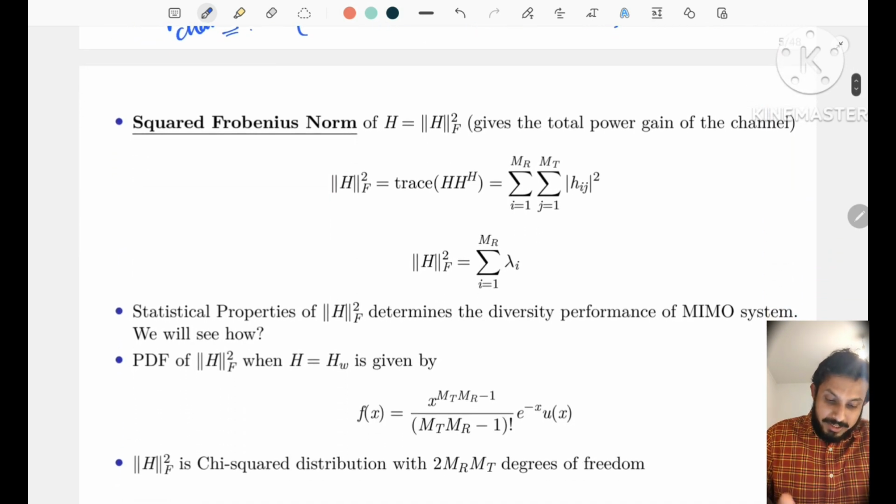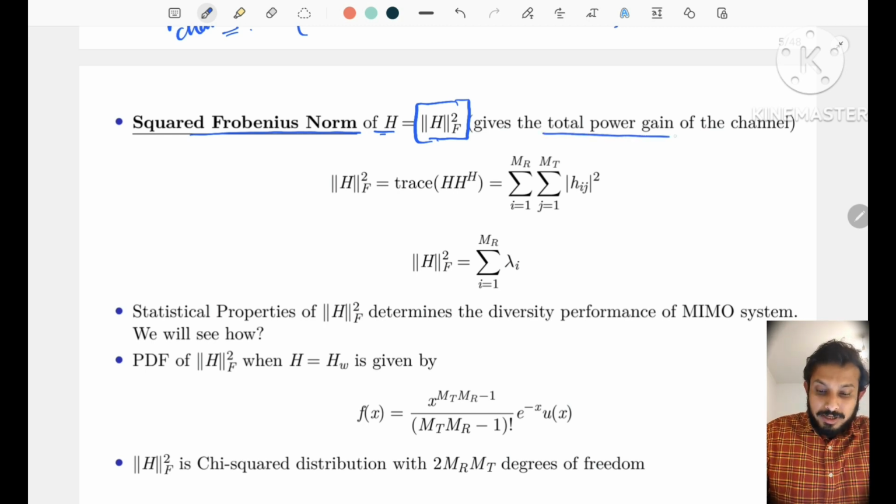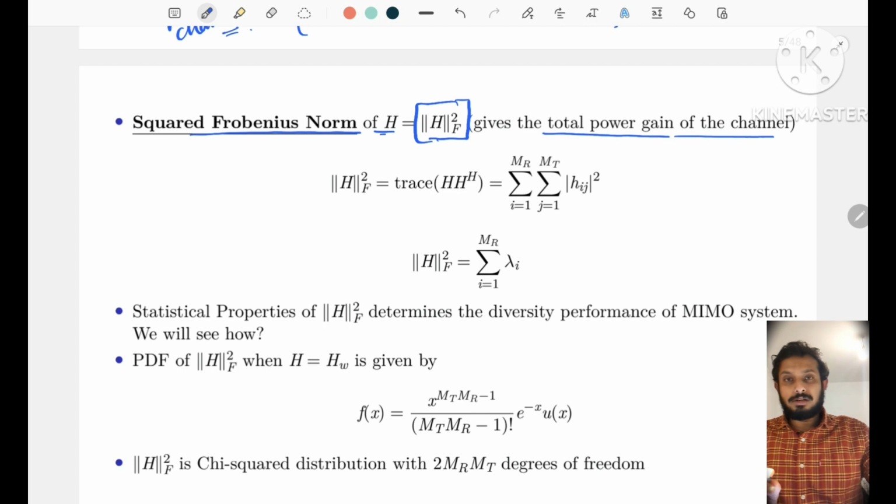The next important property is the squared Frobenius norm of H. It is denoted in this way, and it gives us the total power gain of the channel.